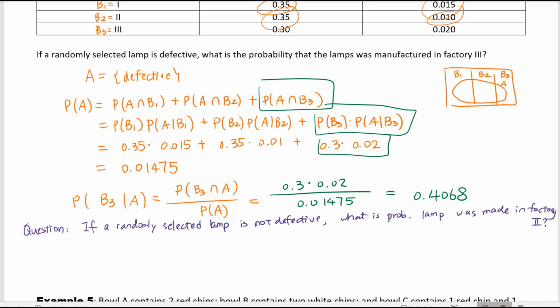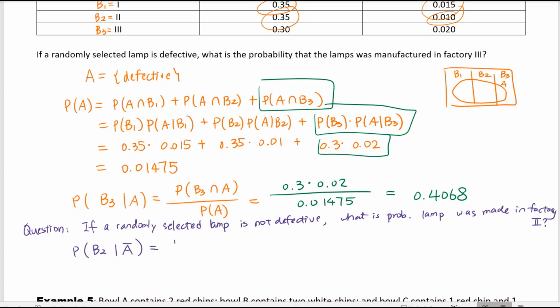Okay, so in this question, we are given that the lamp is not defective, so given A complement, not defective. What is the probability that the lamp was made in factory 2? So factory 2 is B2. So this problem is asking us this.